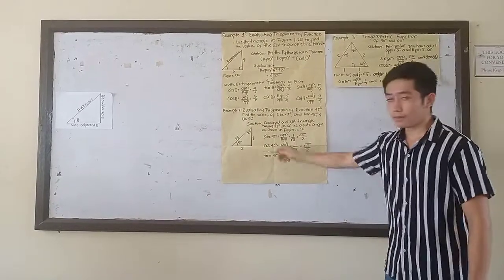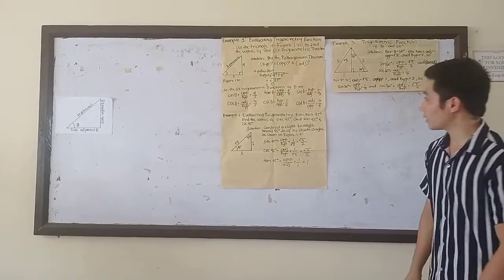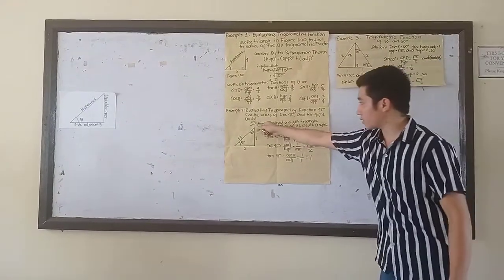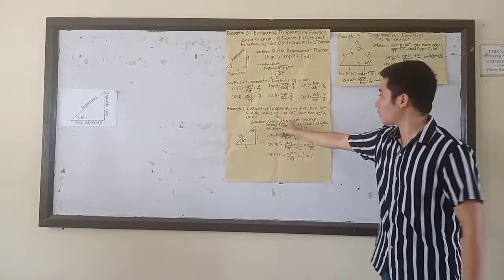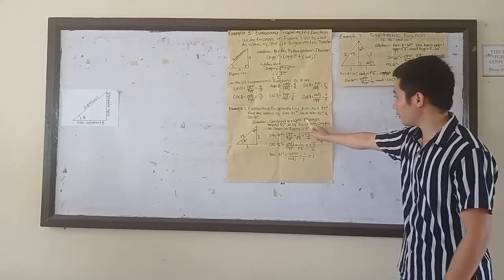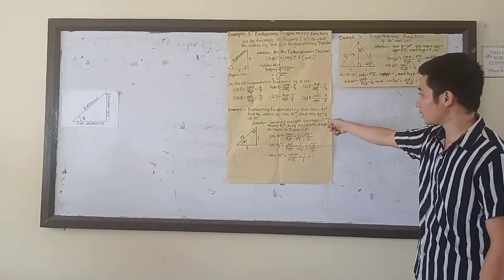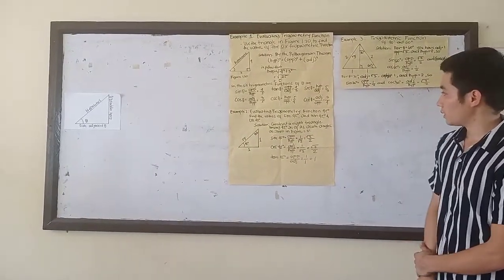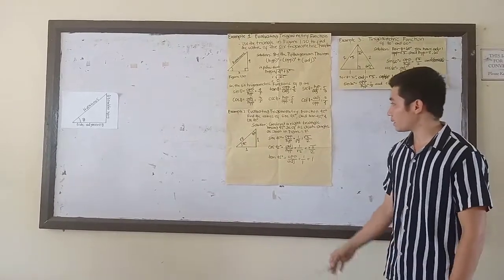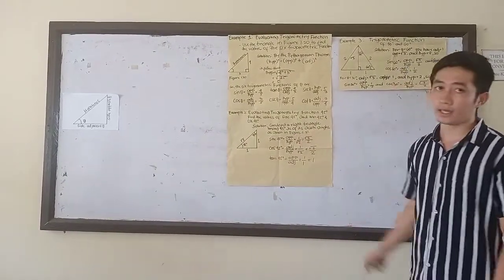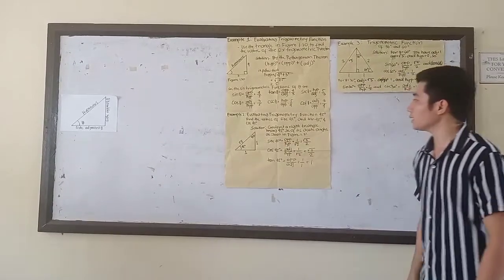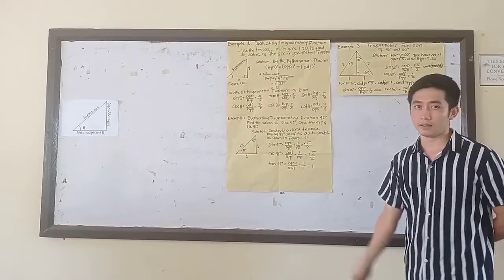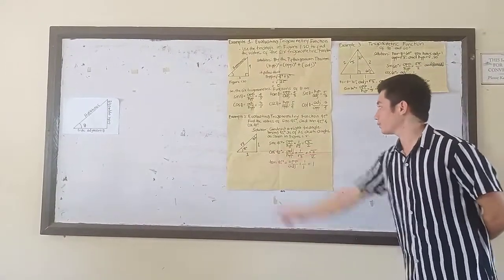Second example, evaluating trigonometric functions of 45 degrees. Find the values of sine 45 degrees, tangent 45 degrees, and also cosecant 45 degrees. For the solution, first construct the right triangle having 45 degrees as one of its acute angles, as shown in this figure.